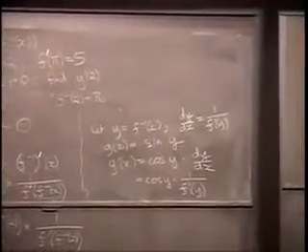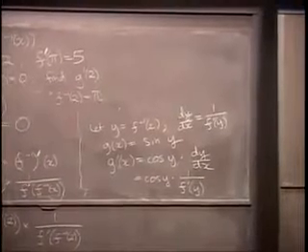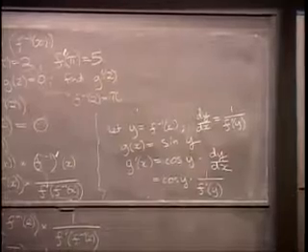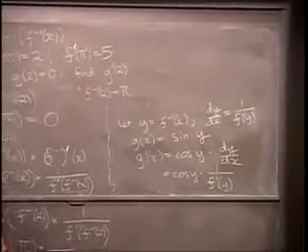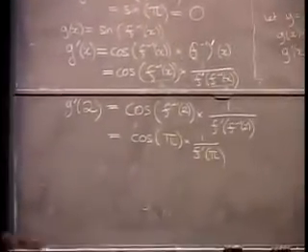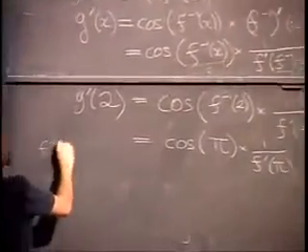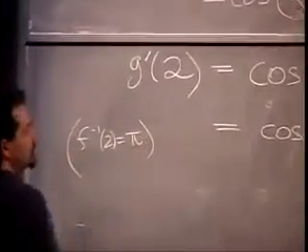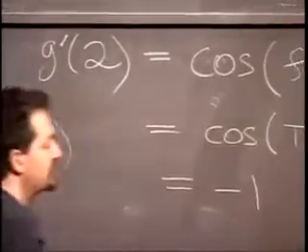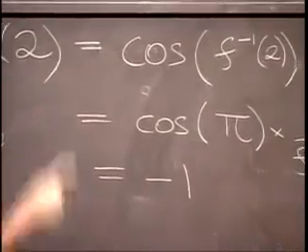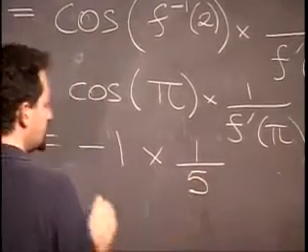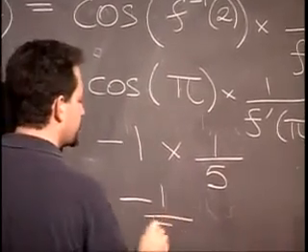So we now have to come back here and write this as cosine of pi times 1 over f prime of pi, because we know f inverse of 2 equals pi. Well, cosine of pi is equal to minus 1, and f prime of pi was given in the question to be 5.